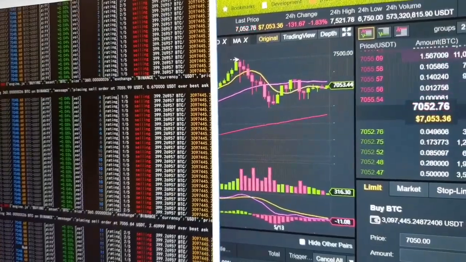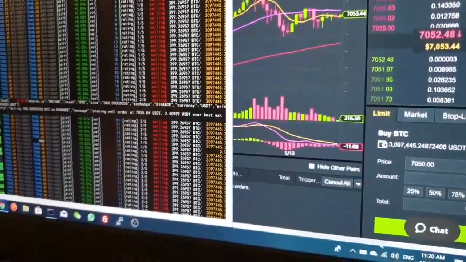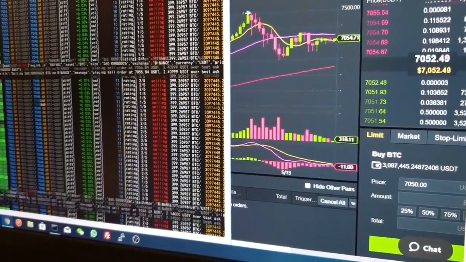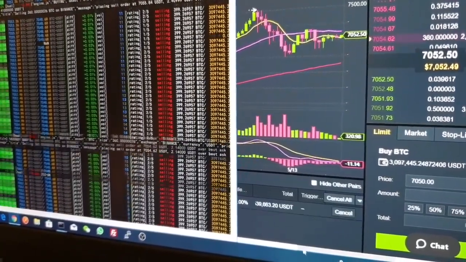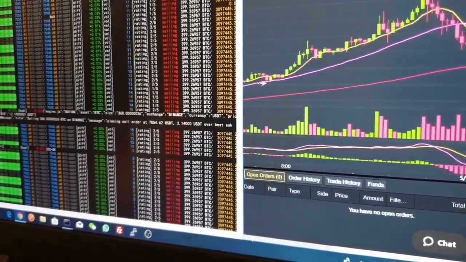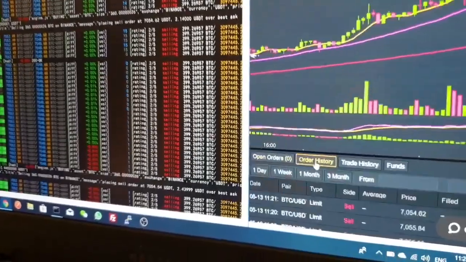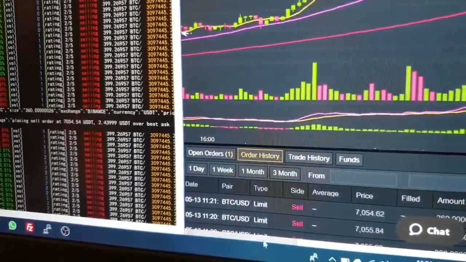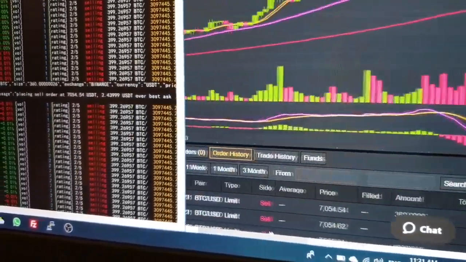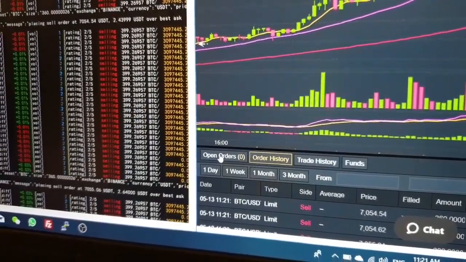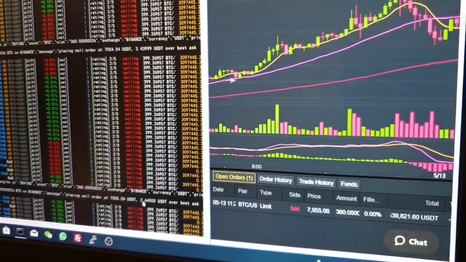Sometimes this will confuse other bots. If you look at the order history, you'll see a lot of sell, cancel, because it's trying to find the best time to sell.